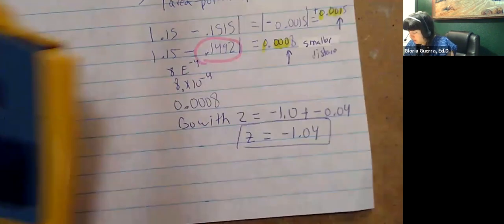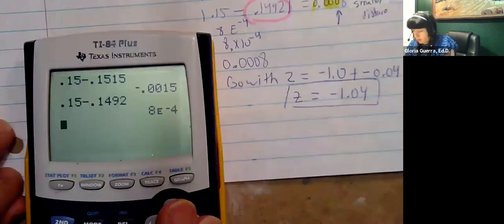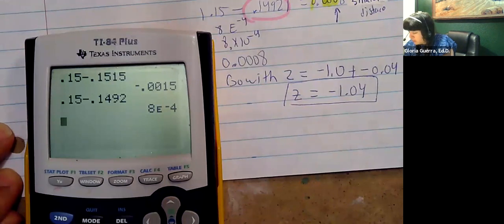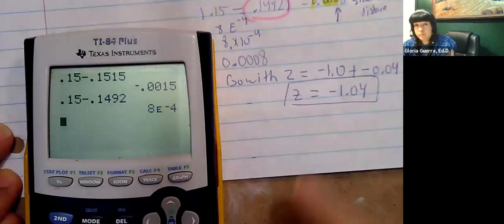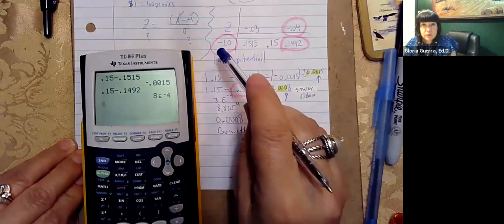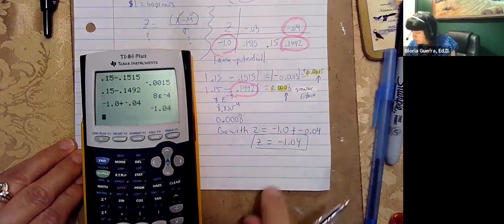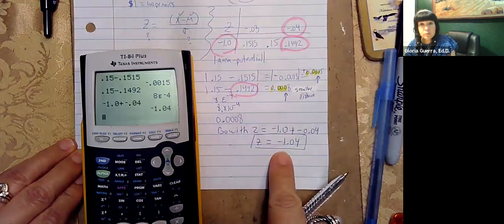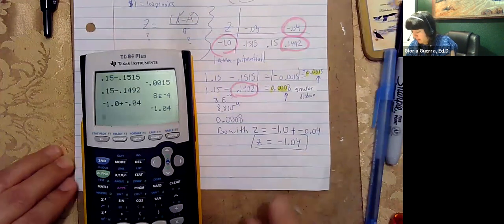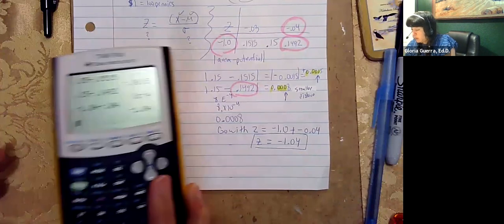If I check that on the calculator, the negative 1.0 plus the negative 0.04 gives me negative 1.04. Okay.